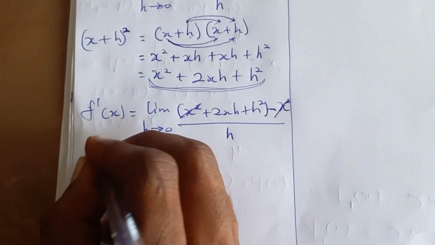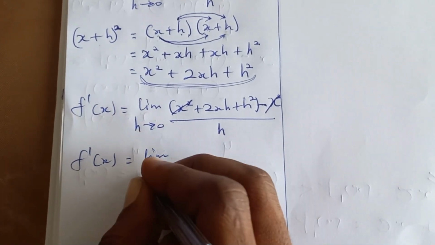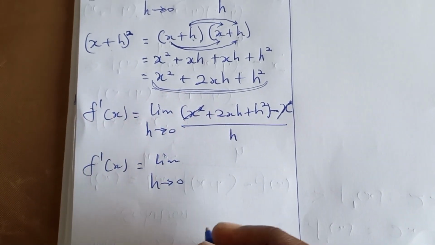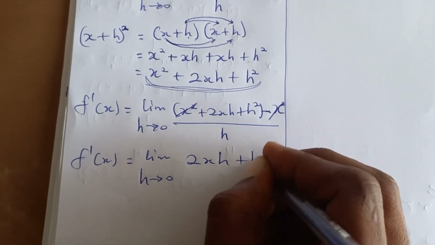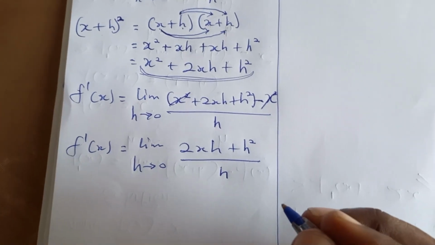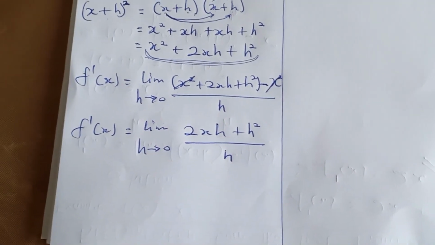So f prime of x is going to be the limit as h approaches 0. Let's simplify what is here. We're getting 2xh plus h squared all over h. Good. You can see that we can factorize h outside, okay?